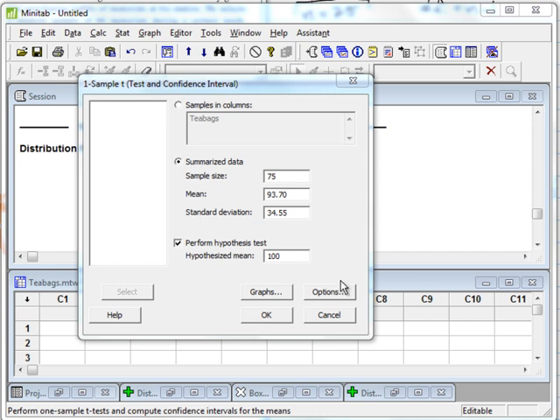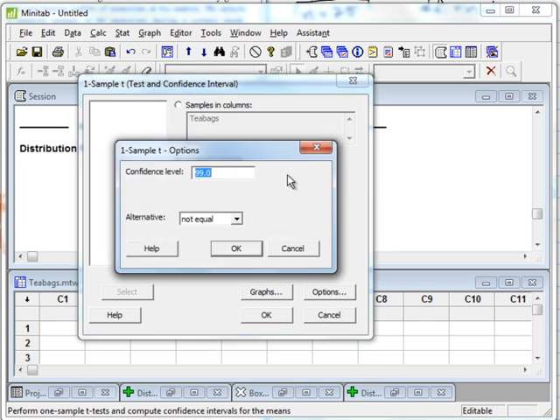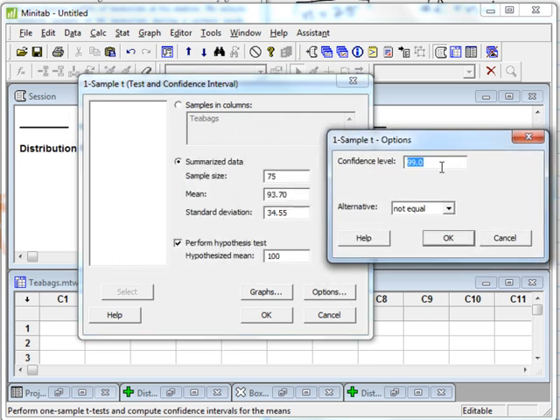Next, we need to look at the options for this hypothesis test. The alpha in this example was 0.05, and so our confidence level needs to be 1 minus that. And our alternative, in this case, since it's mu less than $100, we need to choose less than as the alternative hypothesis.